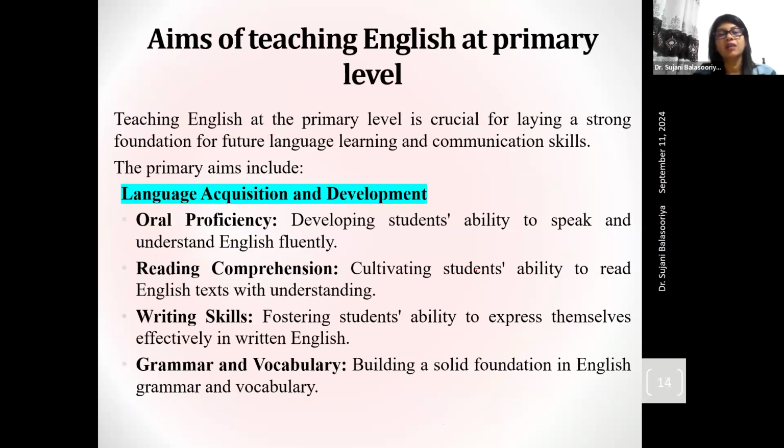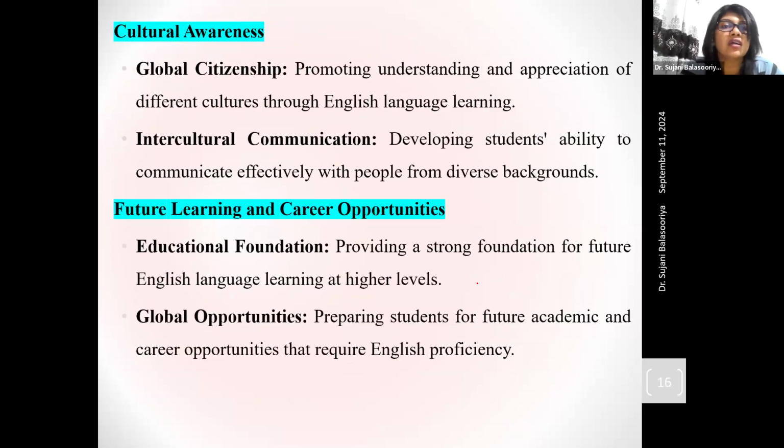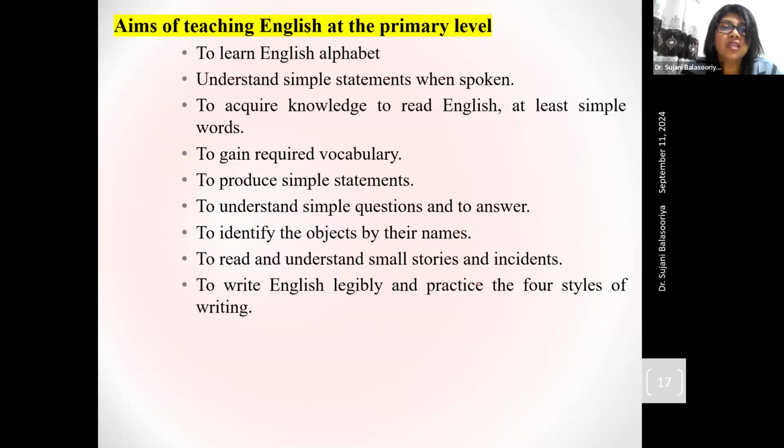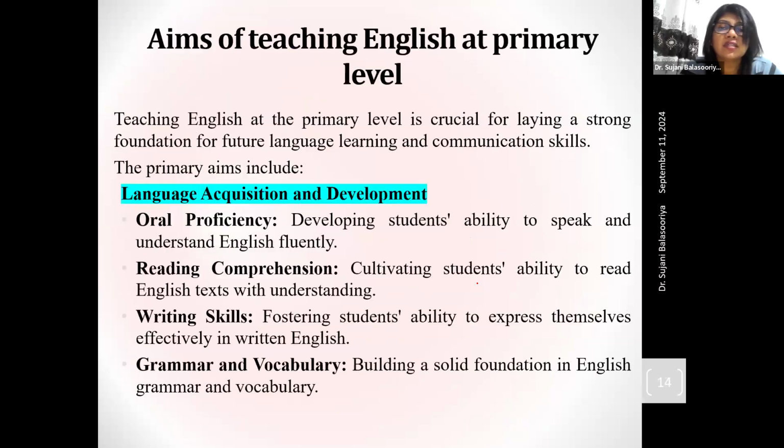Then we are coming to talk about the aims in more detail, and these aims are discussed at 3 levels, right? Primary level, secondary level, and higher secondary level, right? Okay, so we need to look at these points about aims.